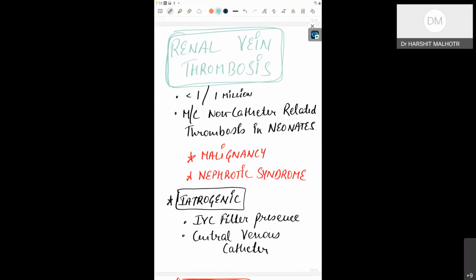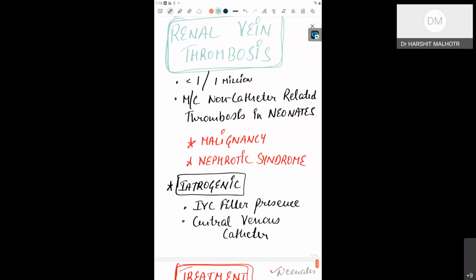Renal vein thrombosis is very rare, less than 1 in 1 million cases. It has been observed that non-catheter-related thrombosis in neonates is most commonly seen in the renal vein. The most common causes, as discussed earlier, are hypercoagulable states, in which malignancy tops the chart, and nephrotic syndrome tops the chart among renal pathologies.